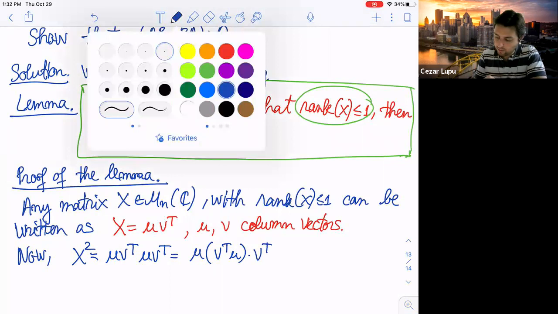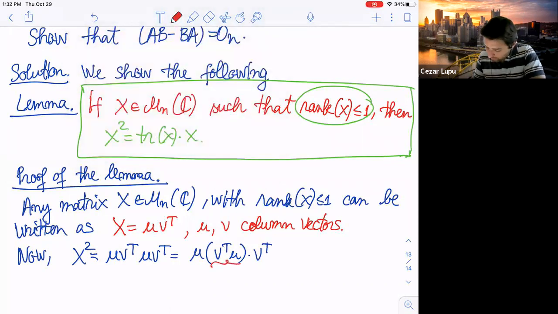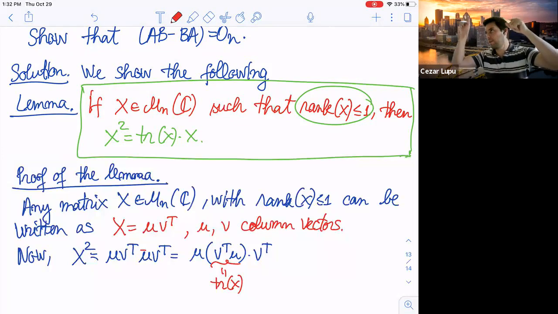But V transpose U is nothing else than just the trace of X. If you write explicitly U as U1, U2, up to Un, and V is a row, and then your column, when you multiply, you'll see exactly this.